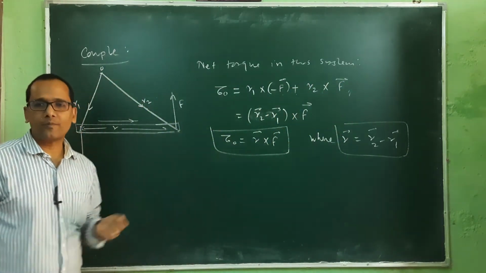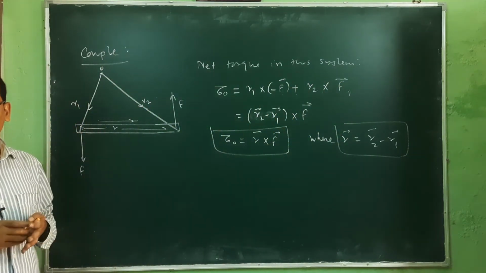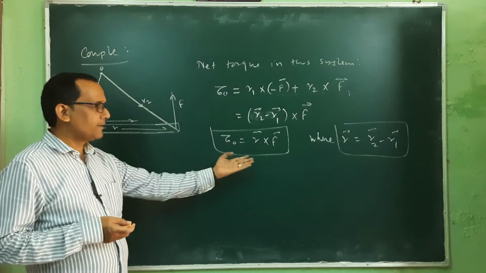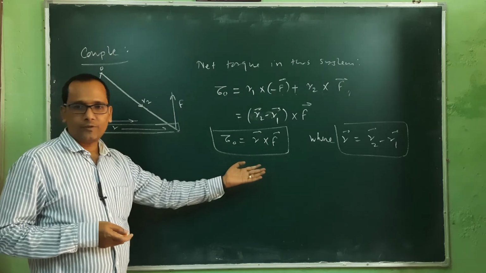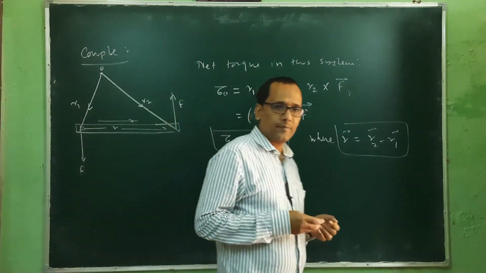Maybe you have used this triangle rule for vectors several times. And this is just the simple definition of torque we used earlier. So tau naught is equivalent to R cross F. This is known as a couple.